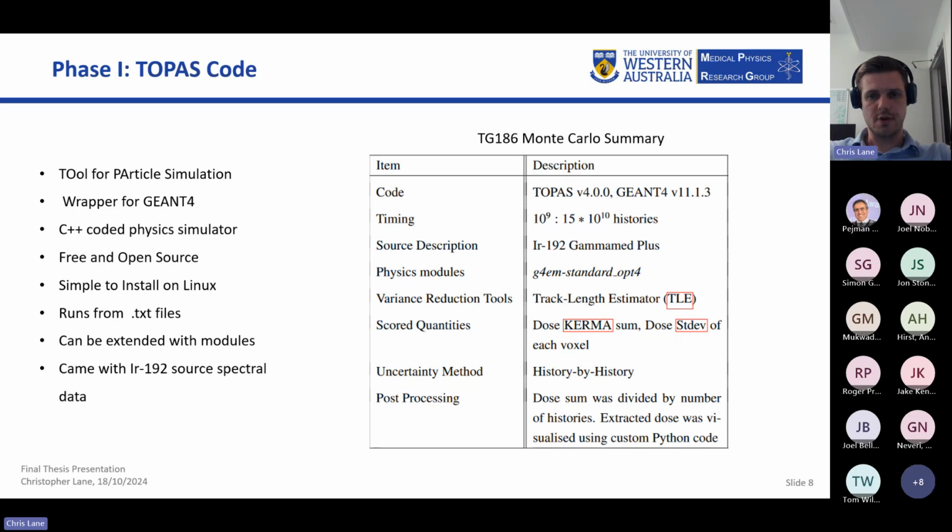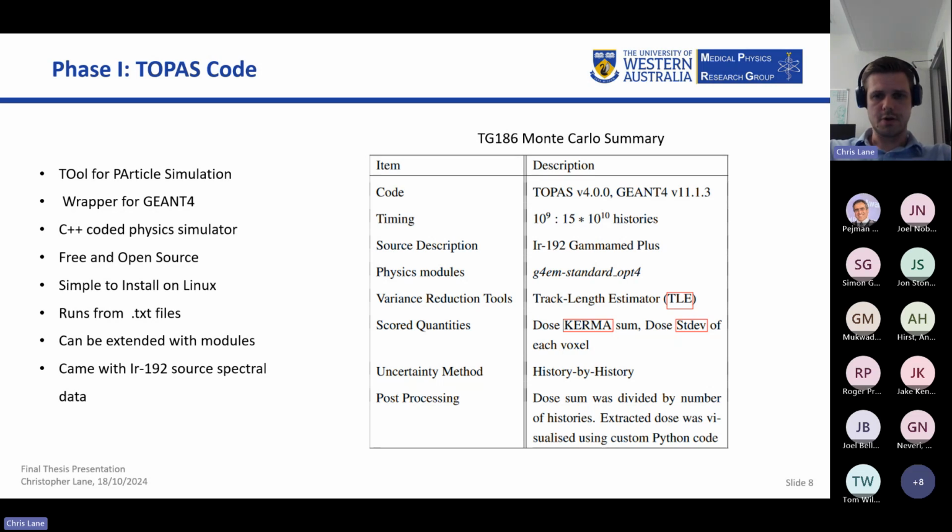So my code here was version 4 of TOPAS, which is also called Open TOPAS, and GEANT4 version 11.1.3. For timing, my benchmarking simulations I did with 10 to the 9 histories, and all my other simulations were done with 15 times 10 to the 10 histories.